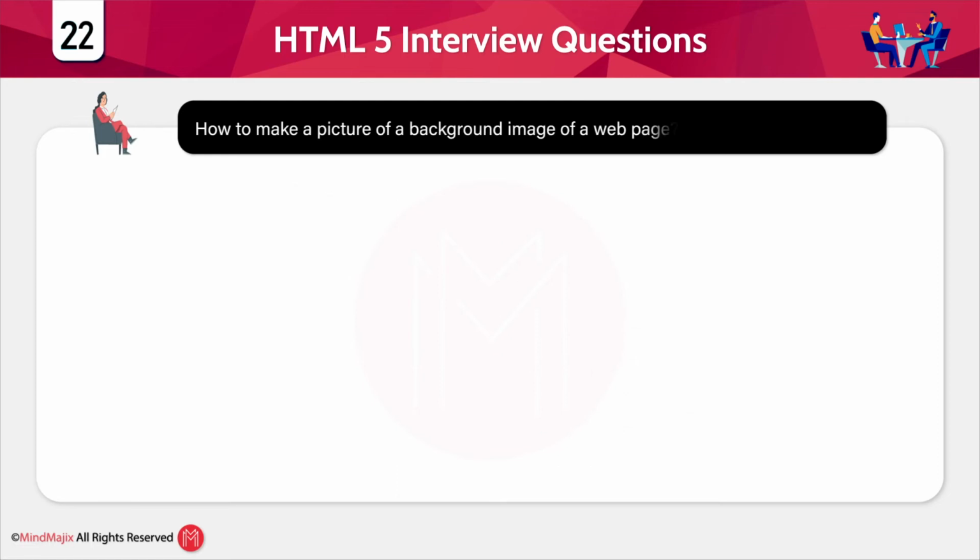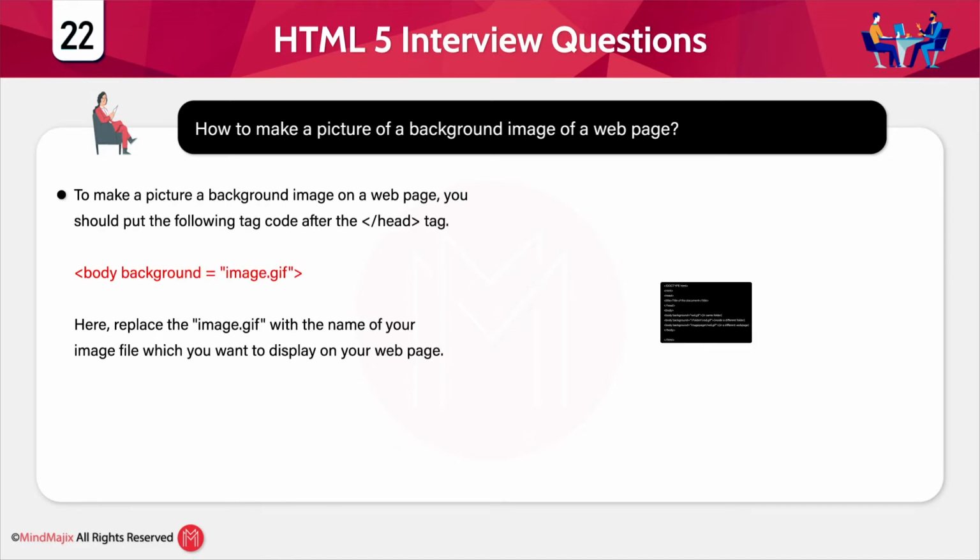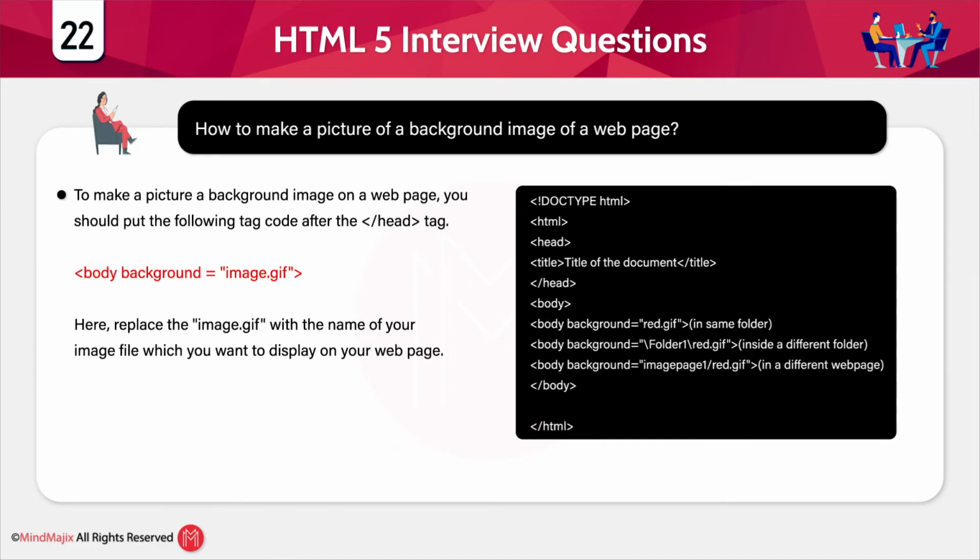How to make a picture the background image of a web page? See, body background equals the image name. Background is an attribute of the body tag whose value is the image you would like to display as the background of the web page.